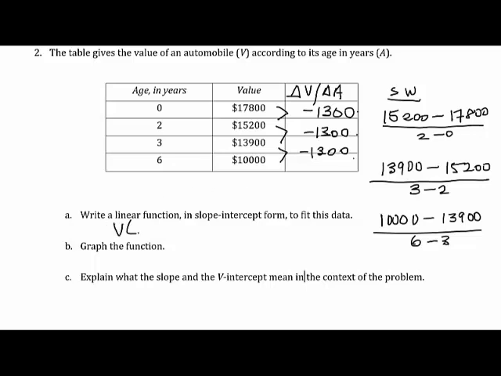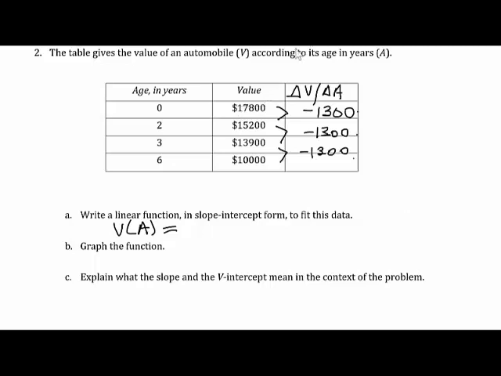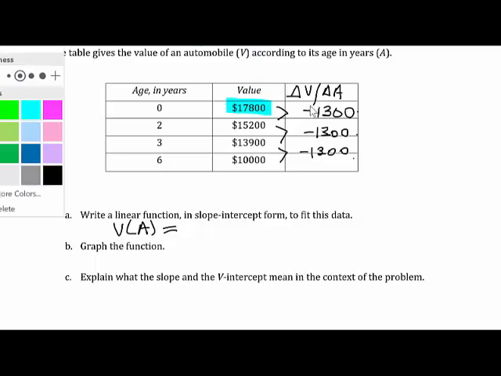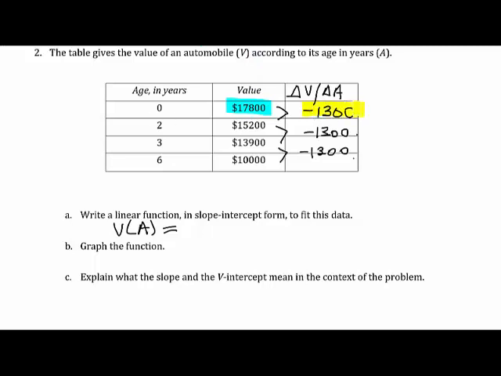Well, we want to write a linear equation for this function, now knowing that we can write it. And so we're going to say V of A is equal to, the Y-intercept is one number that we need. But luckily, it is given to us in the table, and so the Y-intercept is 17,800. The slope is a number that we just found, which was the rate of change, negative 1,300.